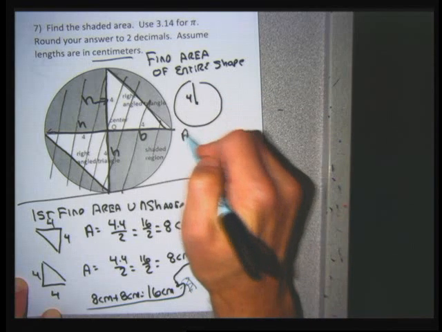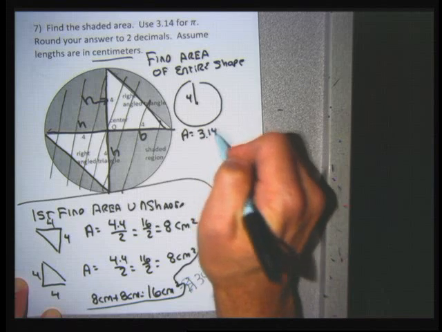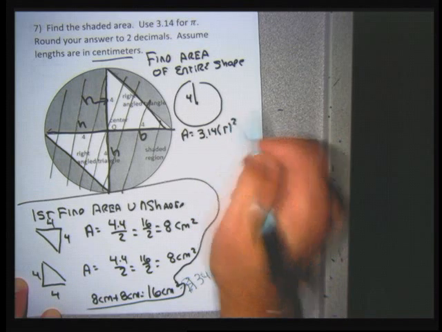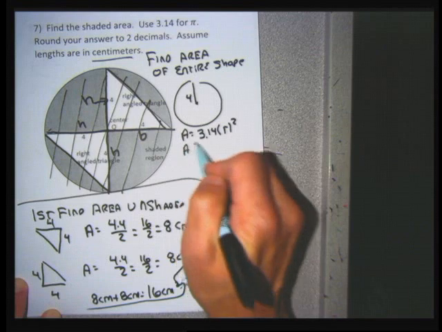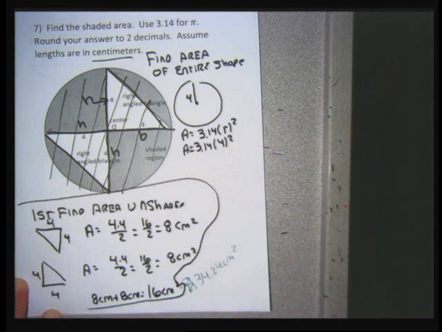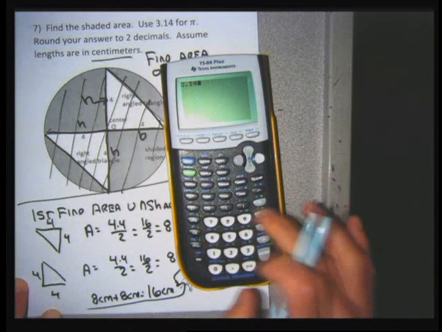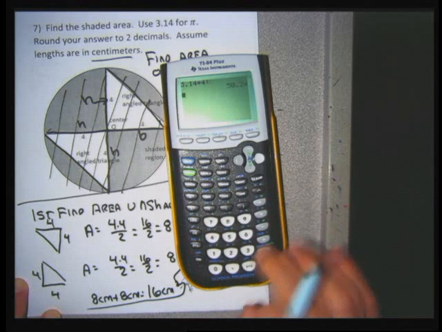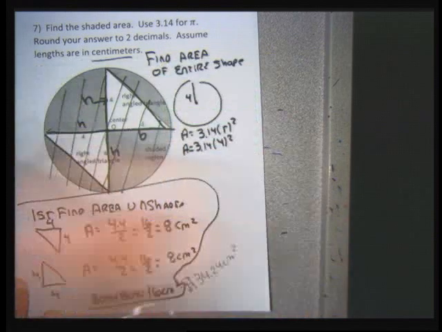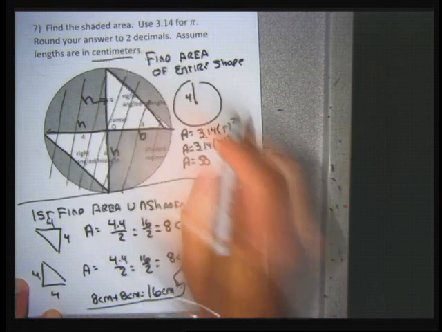The area formula for a circle is pi r squared, but I'm told to use 3.14 for pi. So it's going to be 3.14 times 4 squared. Calculator time for that. I do 3.14 times 4 squared, and I get 50.24. And the units have to be square centimeters.